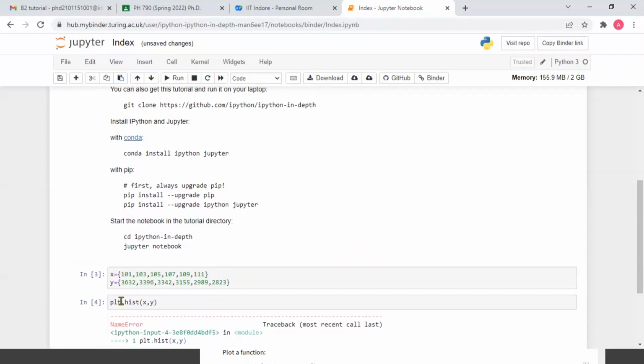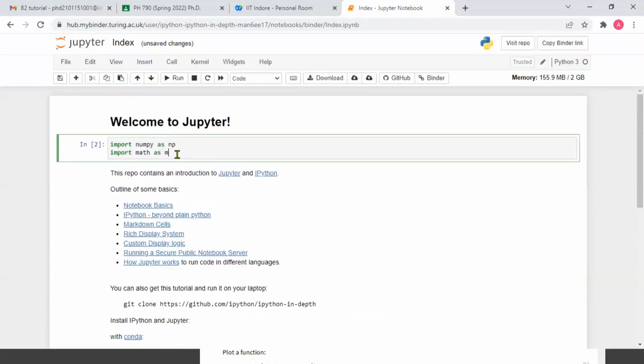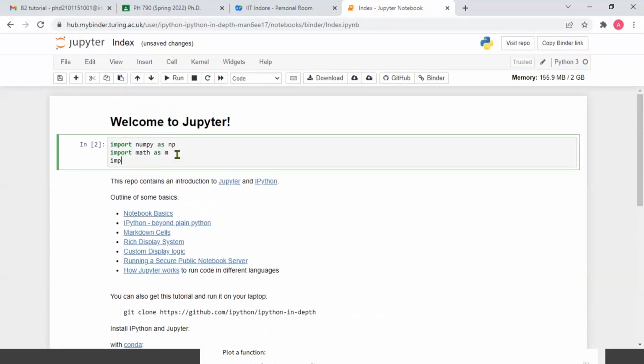Yes, plot. And plt as well, right? Yes, at the beginning import matplotlib as plt.